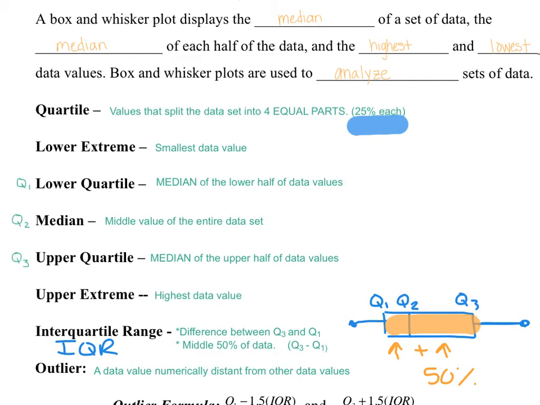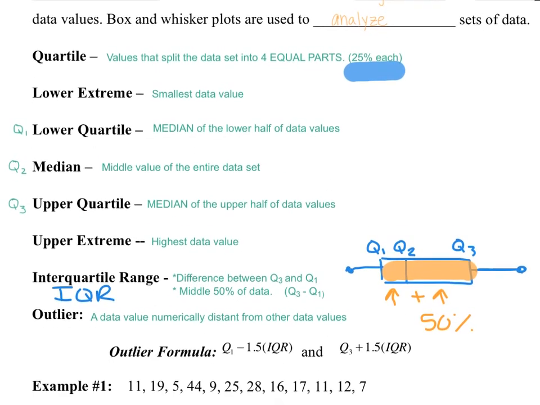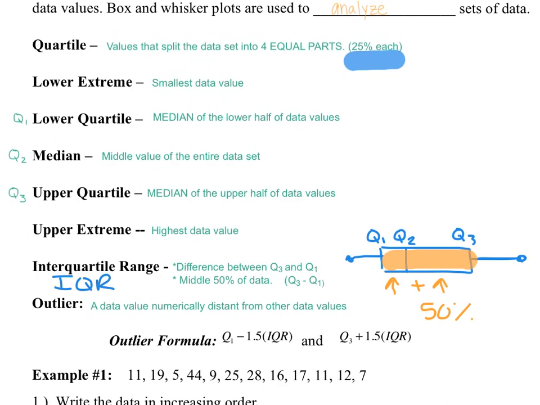And then you guys have an outlier, which is a data value numerically distant from your other data values. Now, you can't just say, oh, that data value looks pretty far away, so that must be an outlier. There is actually a formula that you guys have to use. So your outlier formula is going to be in this box here.